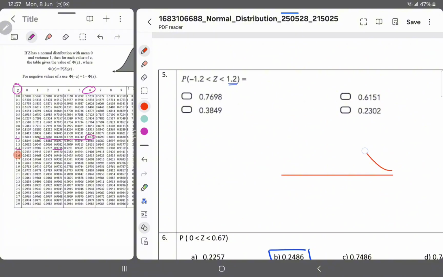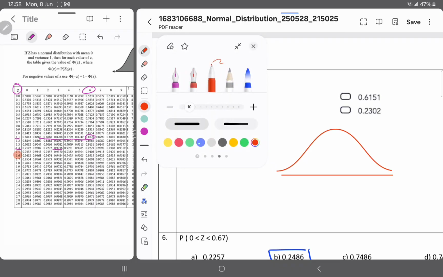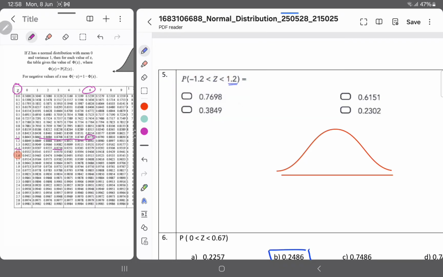So assuming that is a normal distribution curve, the mean is equal to 0 in the middle, and Z lies between two values. Assuming that is the first value, positive 1.2, I have the same value at the same distance from the mean, which is negative 1.2.